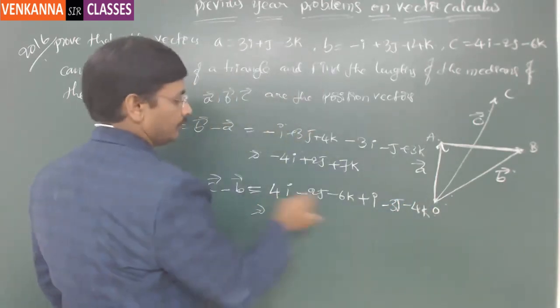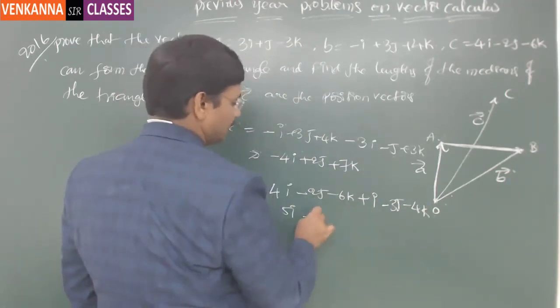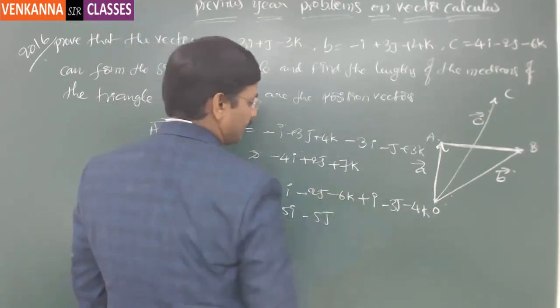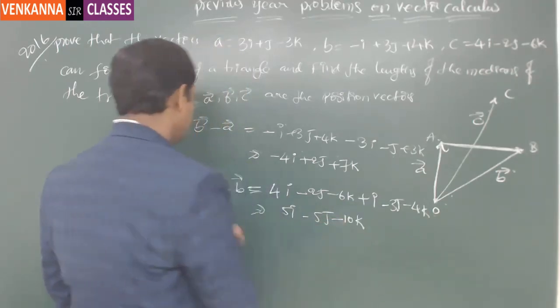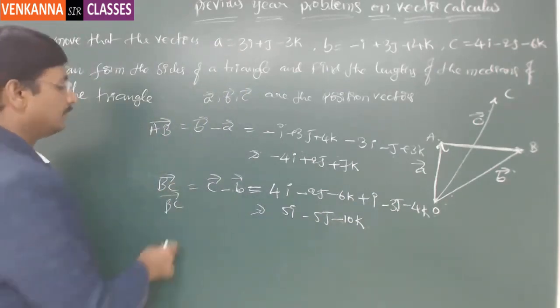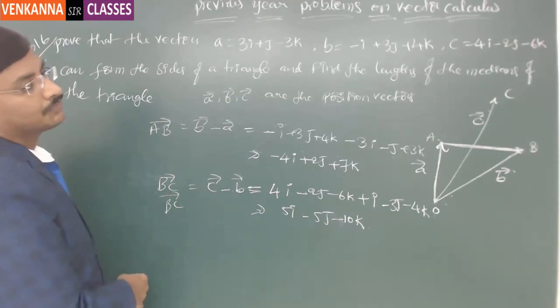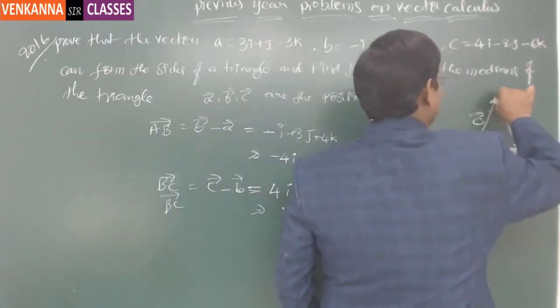So this is going to be 5i minus 5j minus 10k. This is the BC vector. So we have got the AB vector and the BC vector.